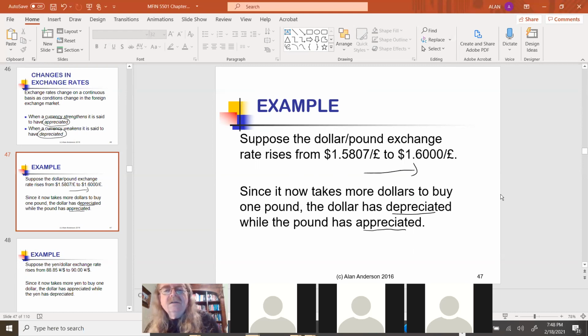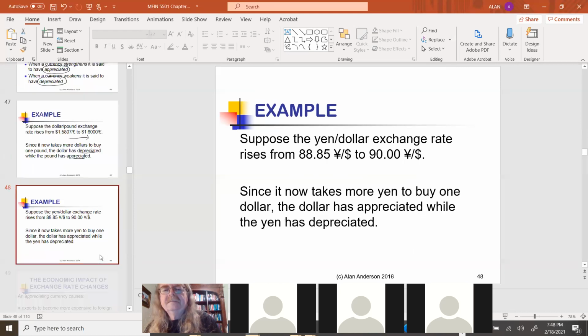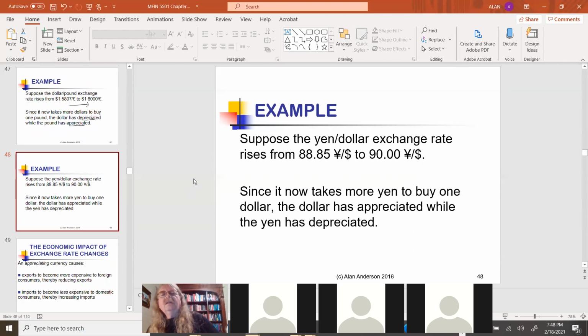All right, now we're going to look at another case involving the yen and the dollar. How about this one? Let's say initially it took 88.85 yen to buy a dollar, and then all of a sudden it takes 90 yen to buy a dollar.